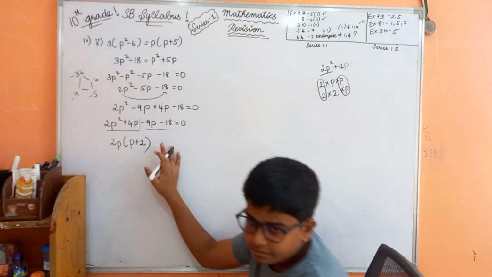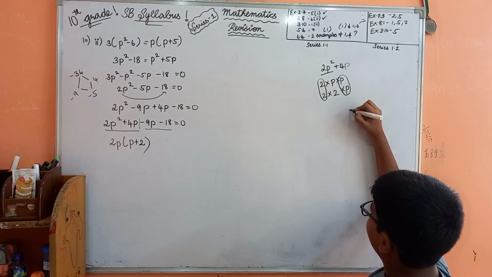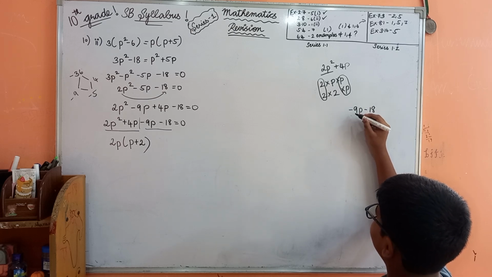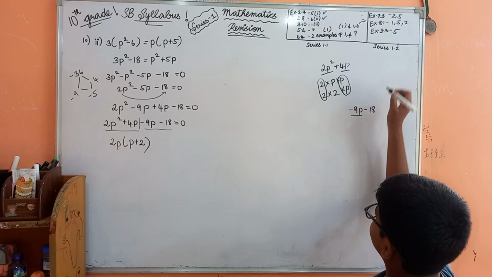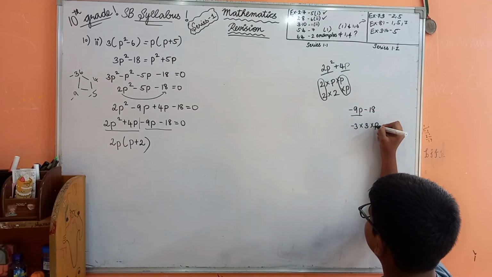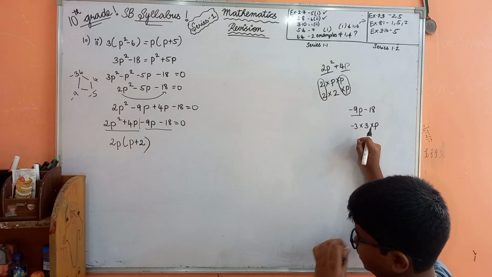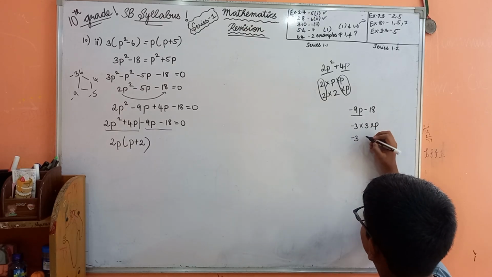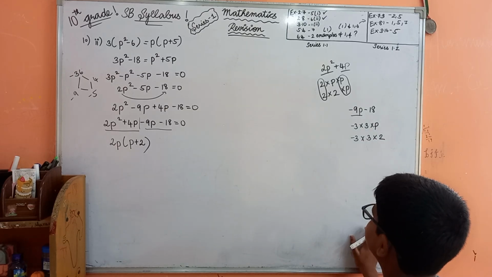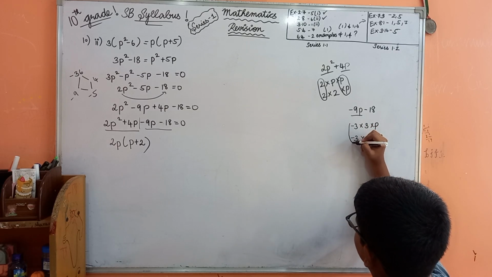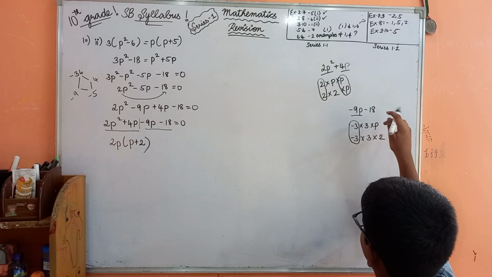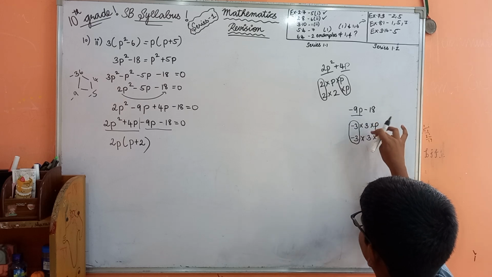Now let's go for minus 9p minus 18. So minus 9p is minus 3 into 3 into p, and 18 is minus 3 into 3 into 2. There's no variable, so we have to extend this.